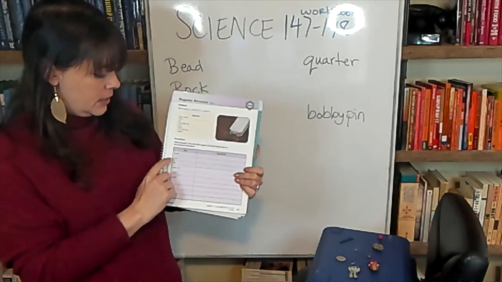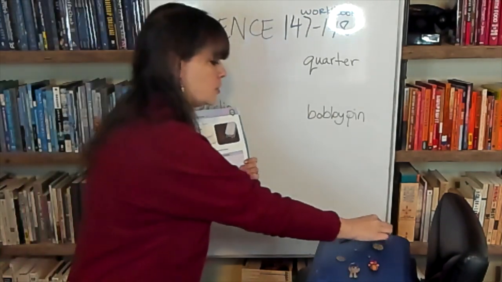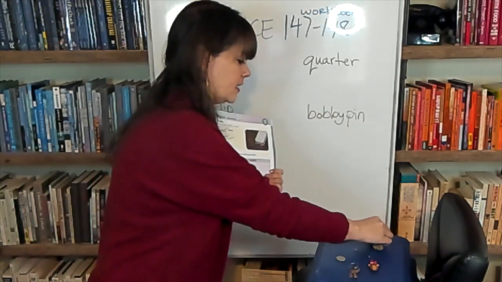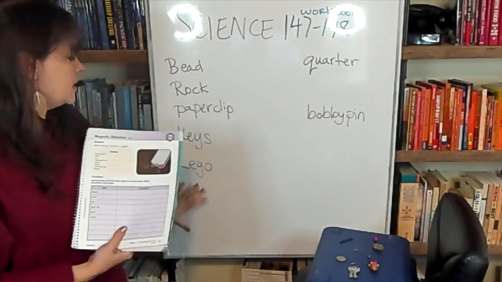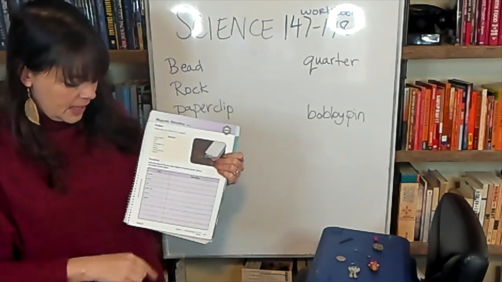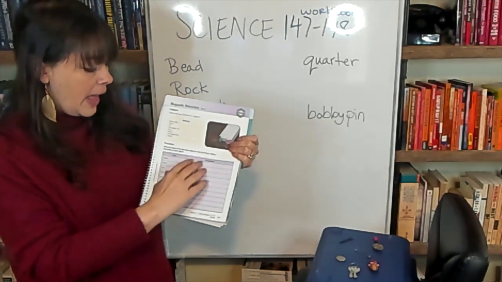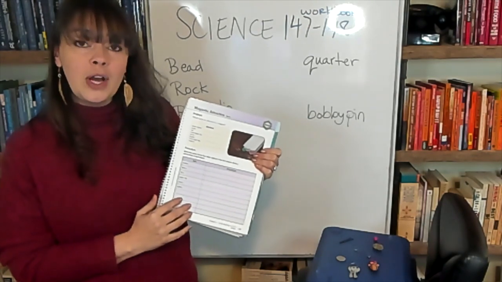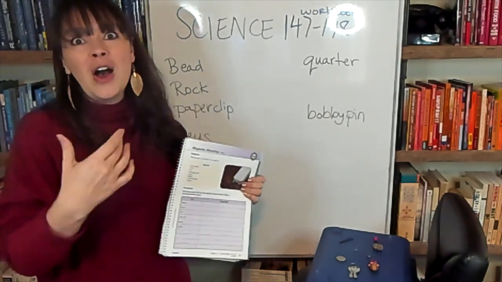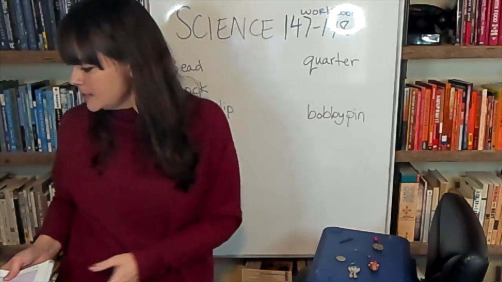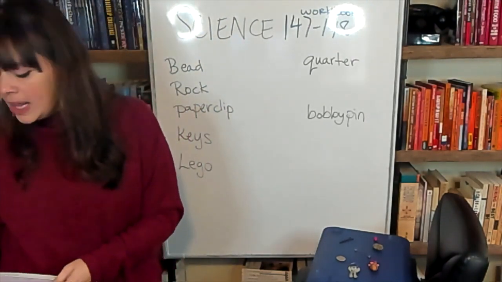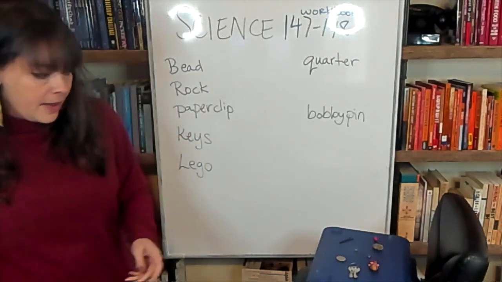If you want, where it says button, just change it to bead, okay, things like that. You can just use the materials that I wrote, just mark out the ones that they did. I will help you start this project, but then you're going to finish it on your own with things around your own house, okay? So let's look at the objects that we have.